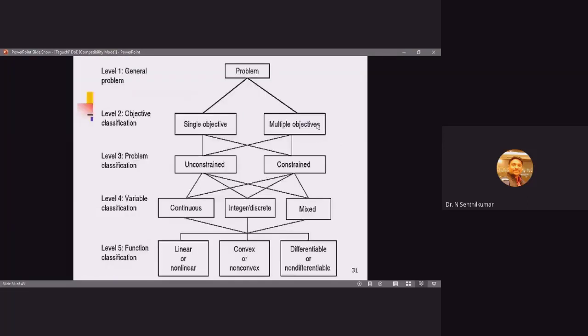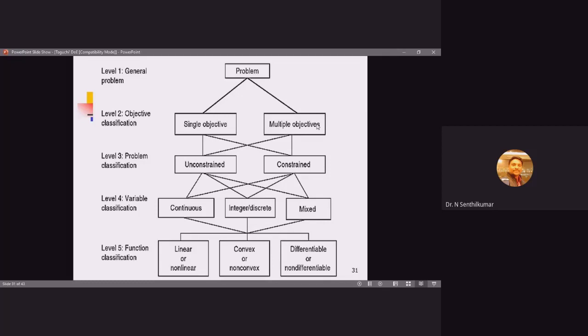One more thing is that the problem we are going to have can be divided into single objective and multi-objective. One more drawback, I will not call it a drawback, but while analyzing, if you are going to have more than one output, I can only analyze one output at a time.